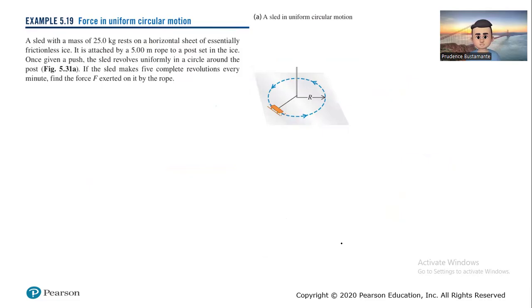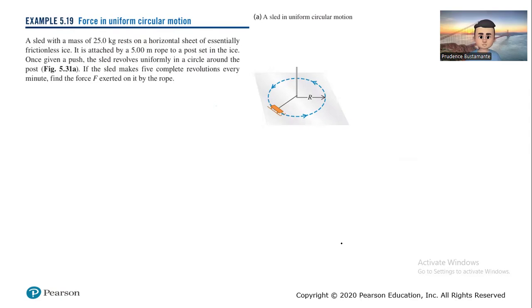So let's try this on a problem. We have a sled of mass 25 kilograms resting on a horizontal sheet of essentially frictionless ice. It is attached by a 5.0 meter rope to a post set in the ice.